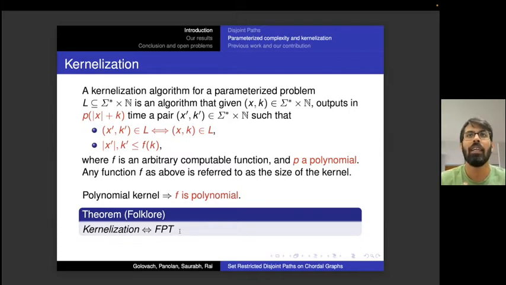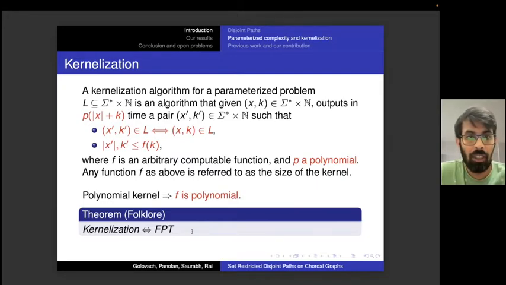Which means, can we, in polynomial time, given an instance of this problem, reduce it such that the size of the output instance is bounded by a polynomial function of the parameter, which is not something that we directly get by this folklore theorem. But this nevertheless implies the relationship between kernelization and FPT.